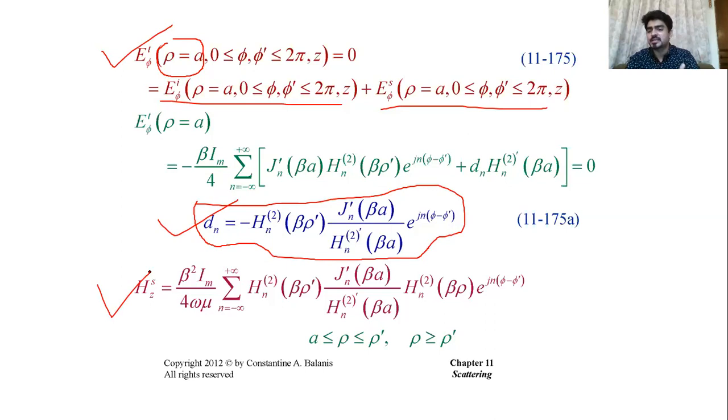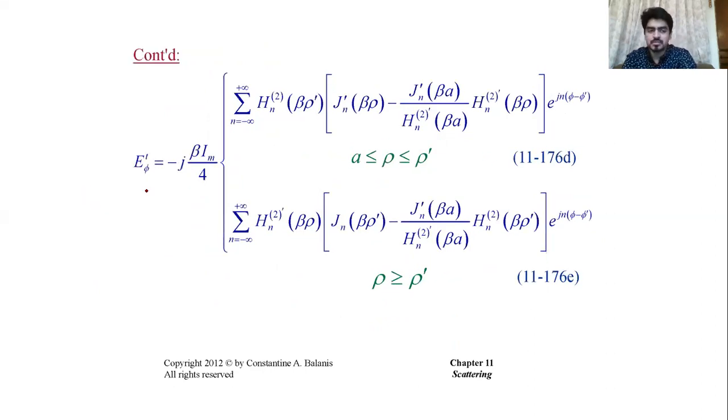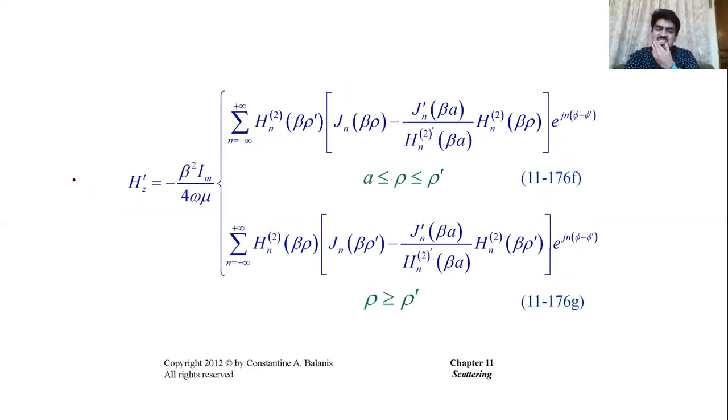You can find the induced current density on the surface of the cylindrical structure. We can substitute the expression of d_n in the other two components, E rho and E phi. These are the components which we have for E rho and E phi, and this is the Hz.